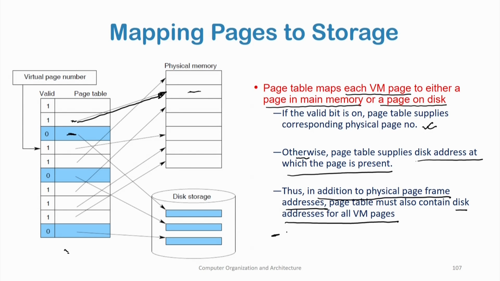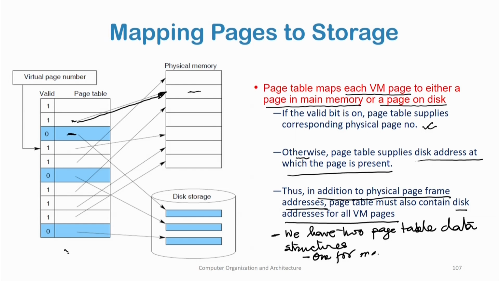So, we have two page table data structures, one for mapping page frames and the second for mapping disk addresses.